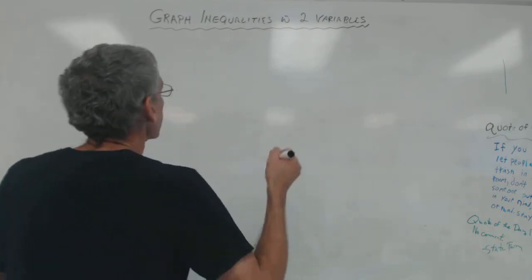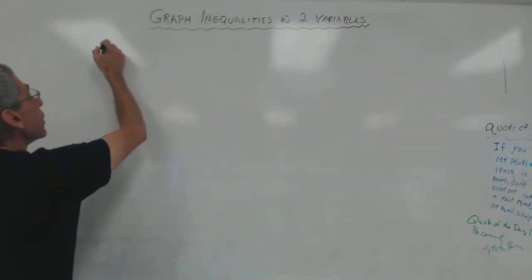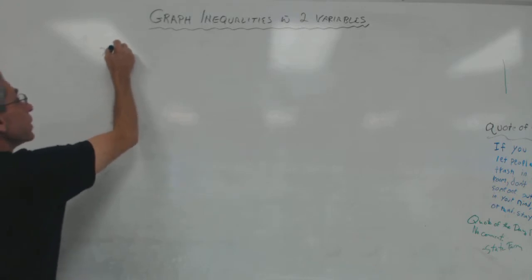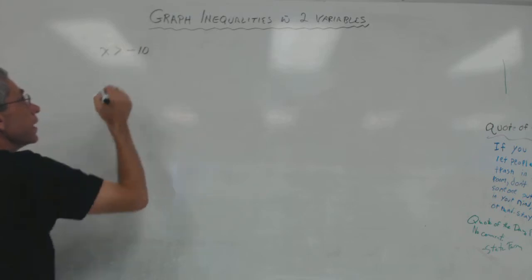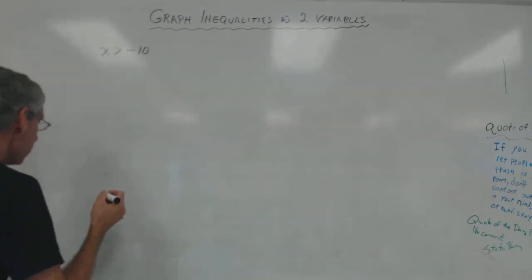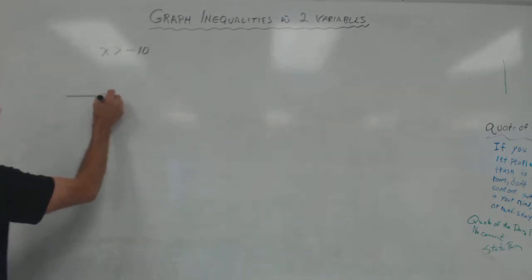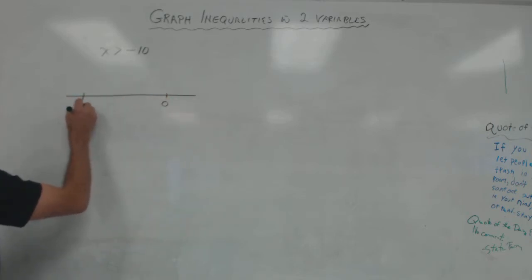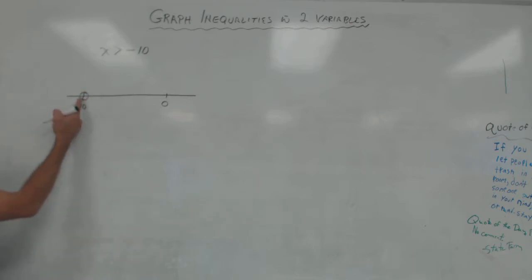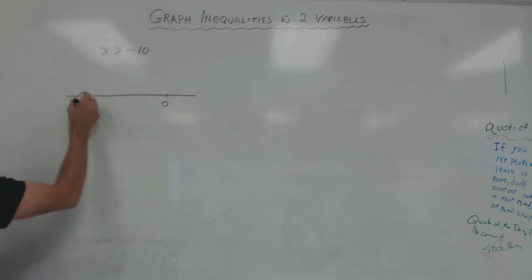So for example, I taught you before where you had x is greater than negative 10. That was just a one-dimensional thing. You would draw a straight line like this. This would be your 0, this is your negative 10. You said it's greater than, so it doesn't equal it, it's just greater. So we have an open circle, and we go that way.